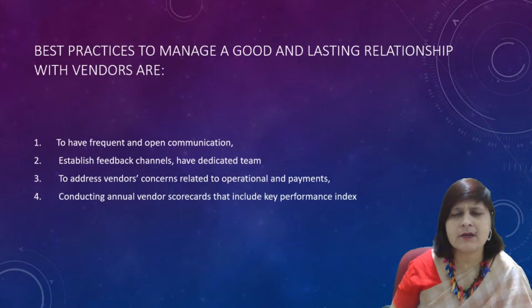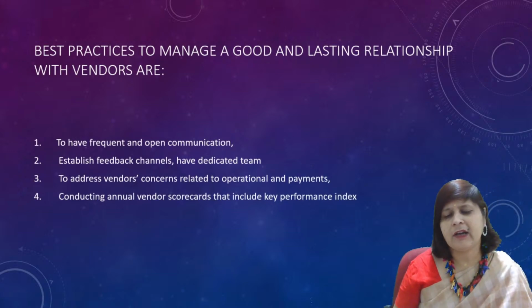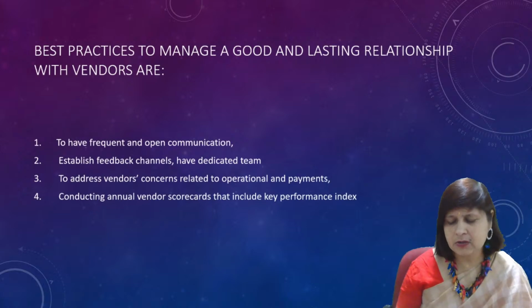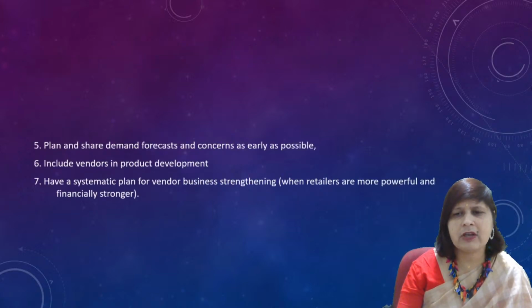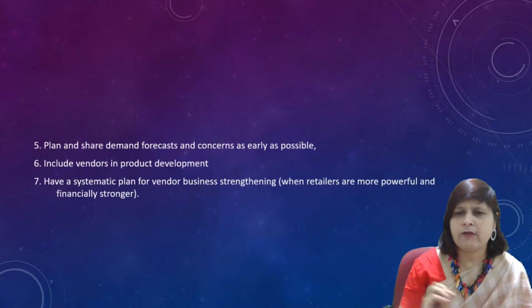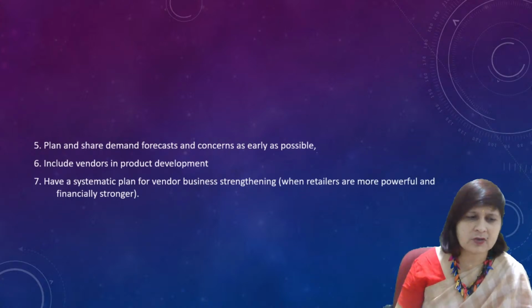Vendors should get the answers to their queries. Conducting an annual vendor scorecard that includes key performance indicators: you can make a performance card based on various variables, right? And you can evaluate each and every vendor on the basis of that scorecard.